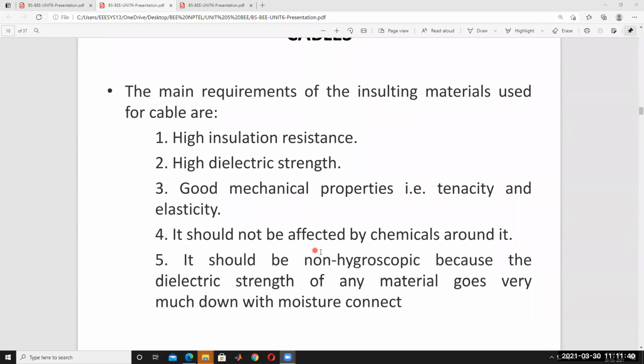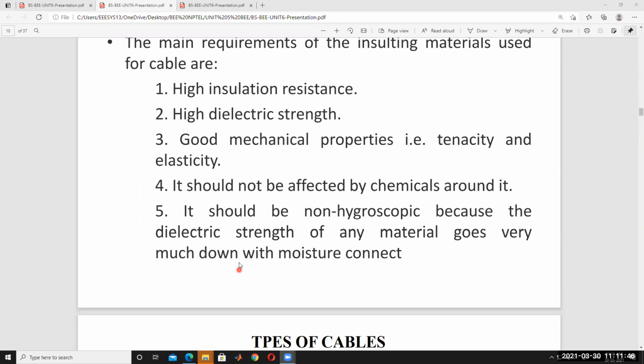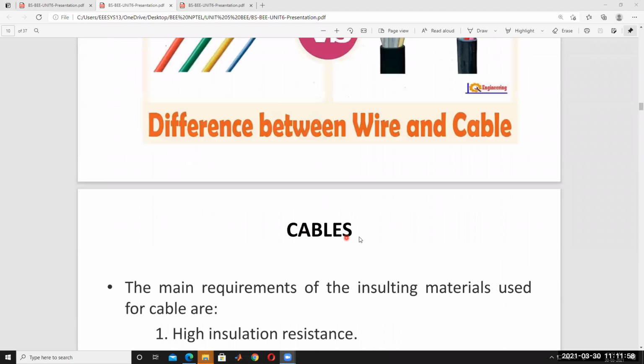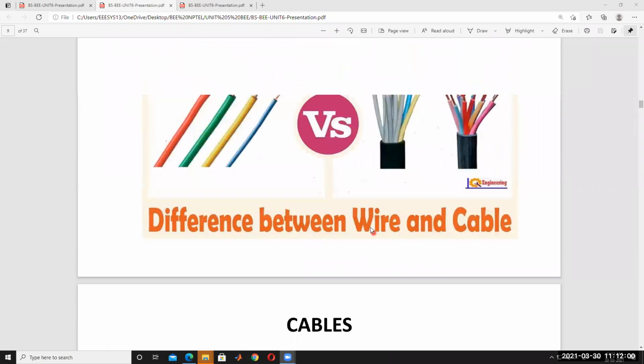It should not be affected by the chemicals around it. It should be non-hygroscopic, because the dielectric strength of any material goes down very much with moisture content. That is why the cable must be non-hygroscopic, so the life of the cable is increased.